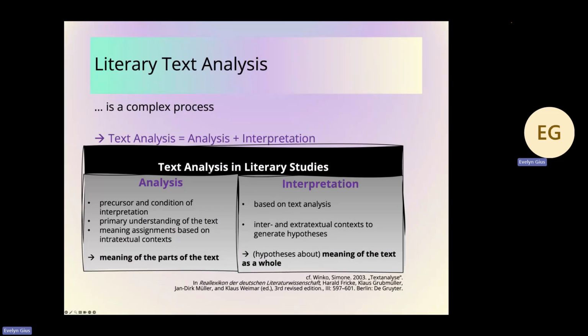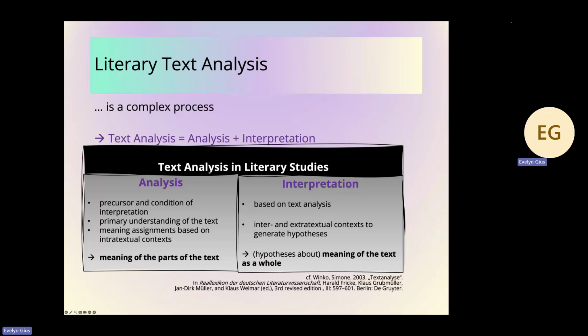Whereas interpretation is based on this and then provides an overall hypothesis, at least, about the meaning of the text as a whole. So there's also some additional stuff that comes in there, some extratextual factors and other things. You may also relate to context, you may relate to readers and all these things, depending on the theory you're using. But this is not a topic for today, right?